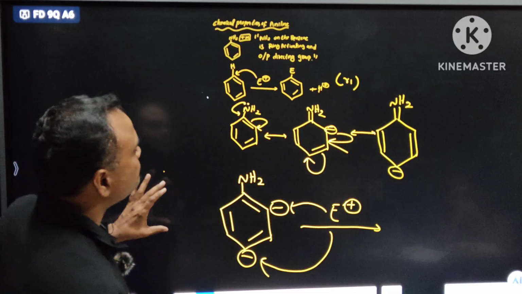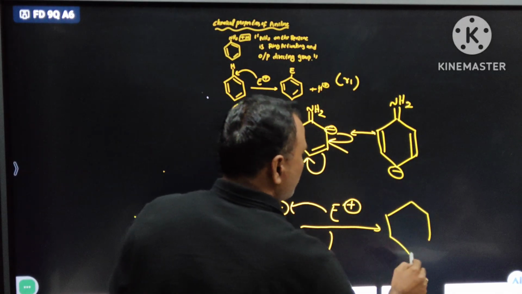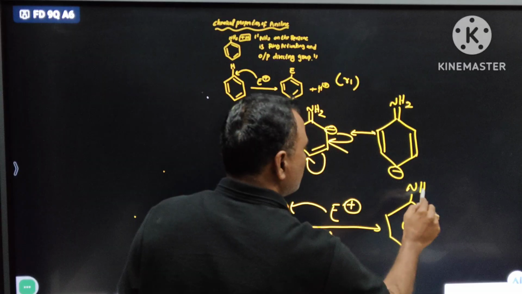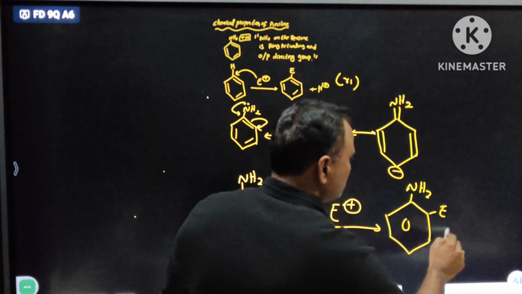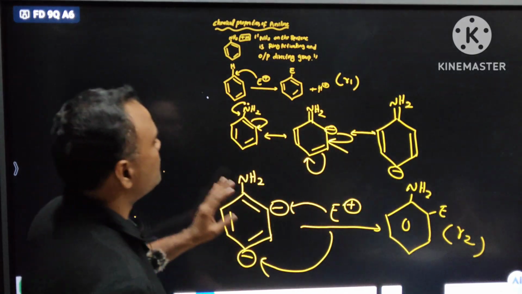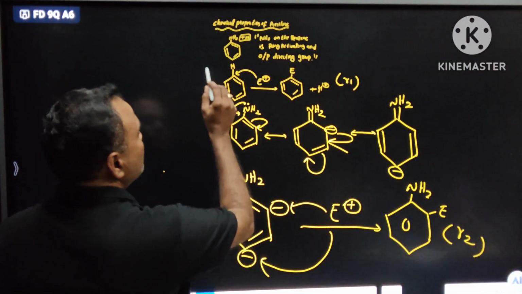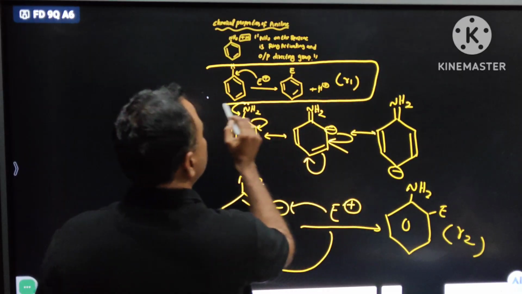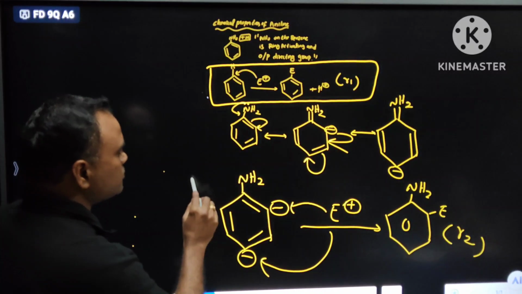Clear? Now we wrote R1 here, and I am taking one product E. Another para also will come, but write only one, R2. Once observe these two boxes. In this box, benzene is involved in aromatic electrophilic substitution.